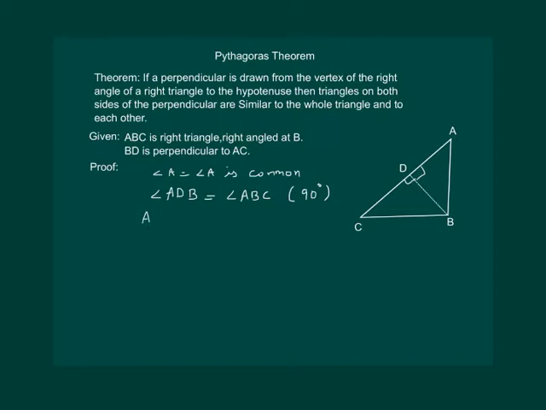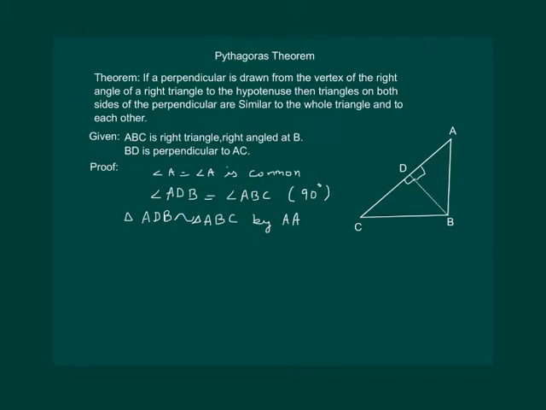A will lie on A, D will lie on B, then the third vertex of the smaller triangle is B, and the bigger triangle is C. So triangle ADB is similar to triangle ABC by AA criteria of similarity.